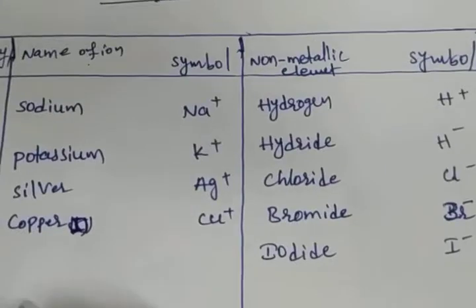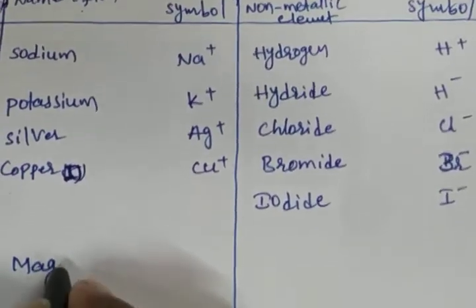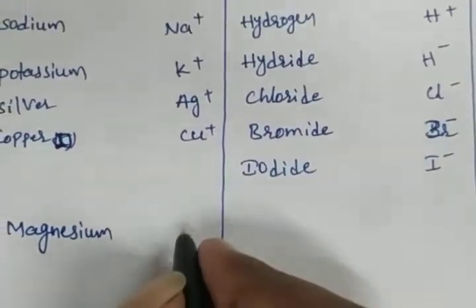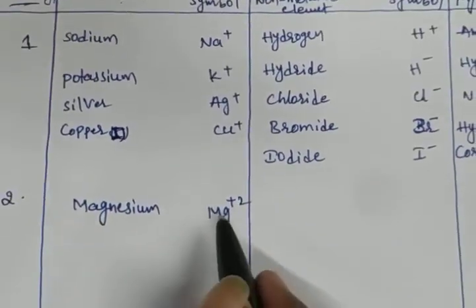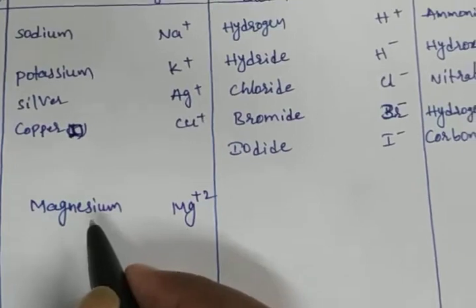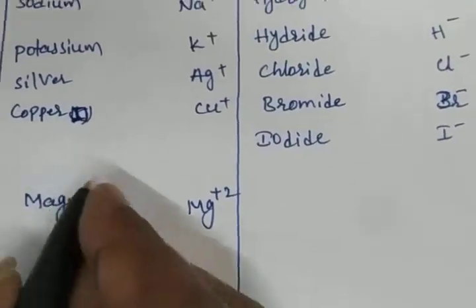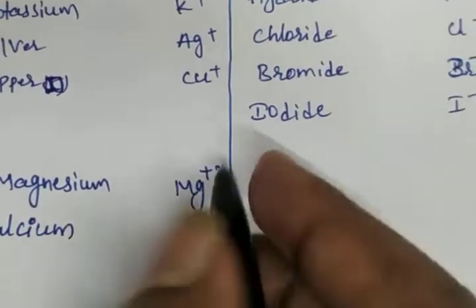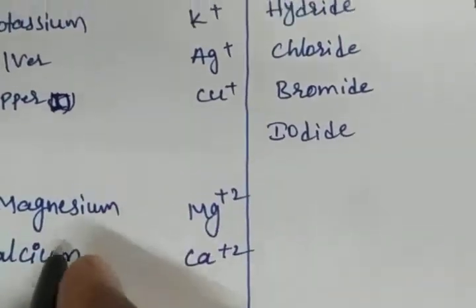Next, magnesium, valency 2: Mg plus 2. Here we write plus 2 because the valency is 2. Which ions have valency 2? Magnesium and calcium. Calcium is Ca plus 2.